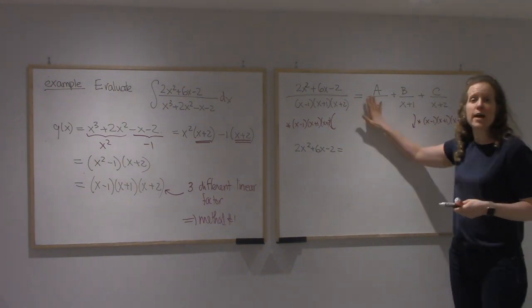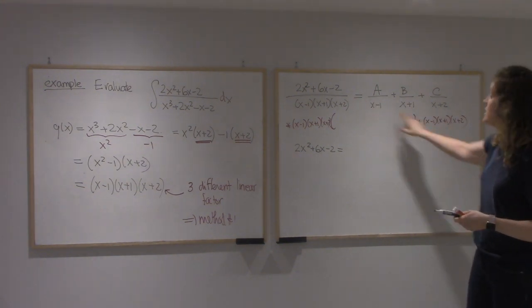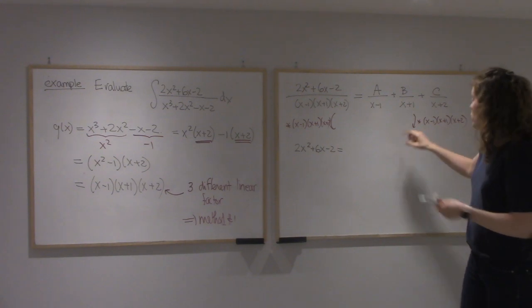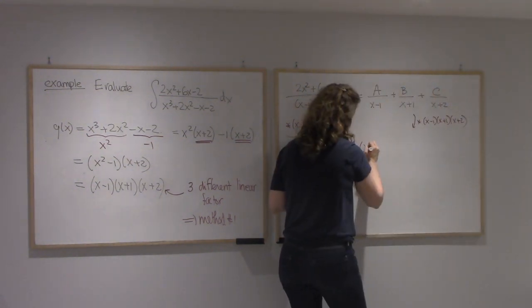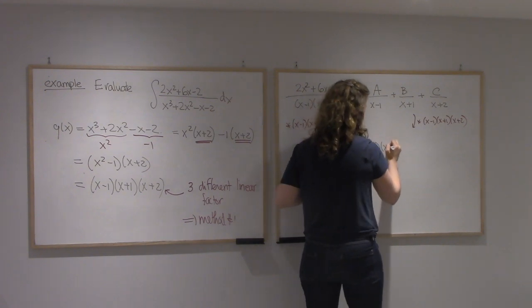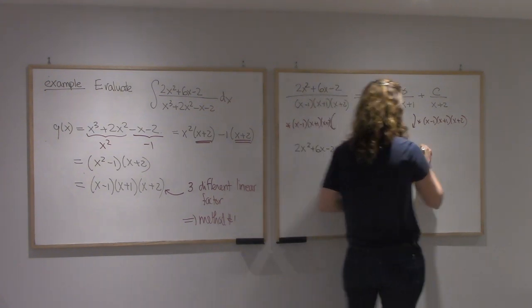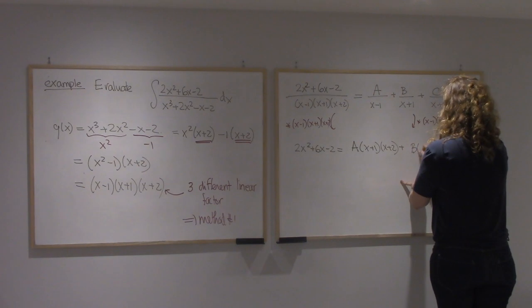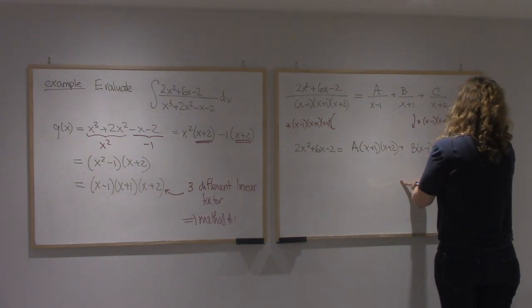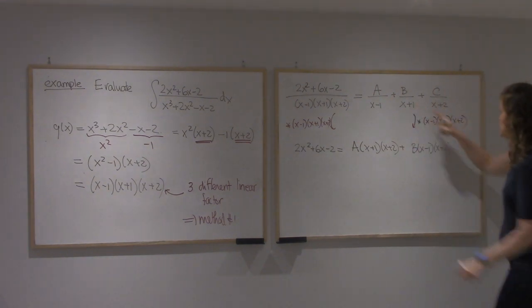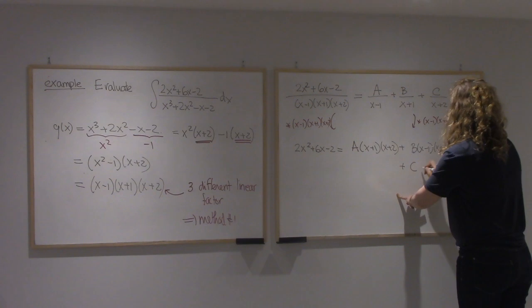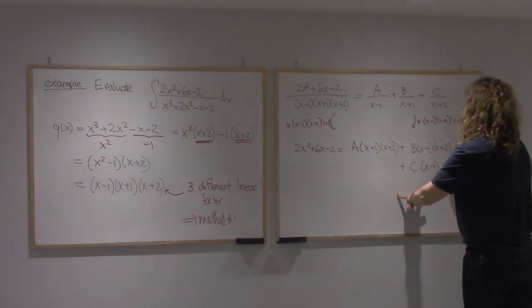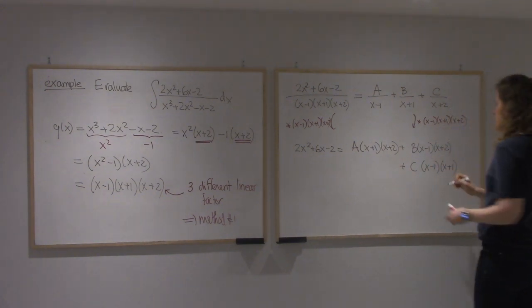When I multiply a over x minus 1 by this, the x minus 1 will cancel. So I'll be left with a times x plus 1, x plus 2, b times x minus 1, x plus 2, because in that case the x plus 1 will cancel, and in this one the x plus 2 will, so c times x minus 1, x plus 1.